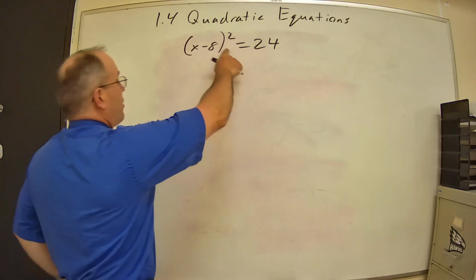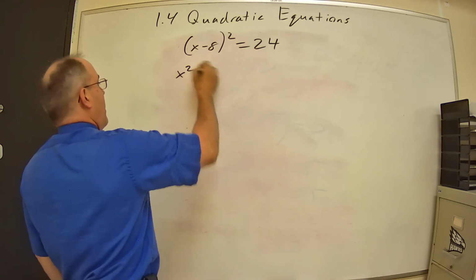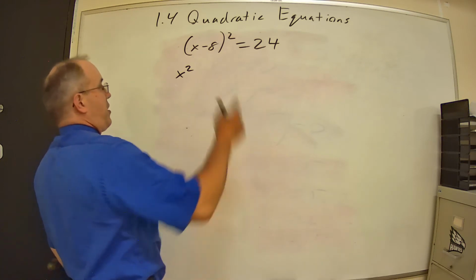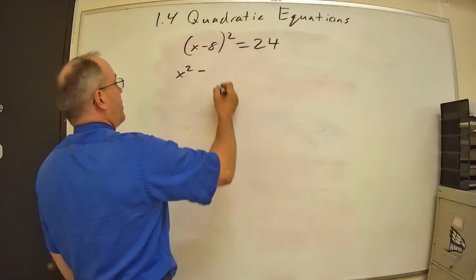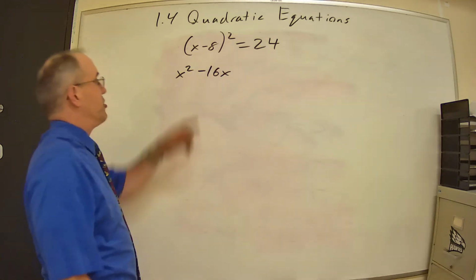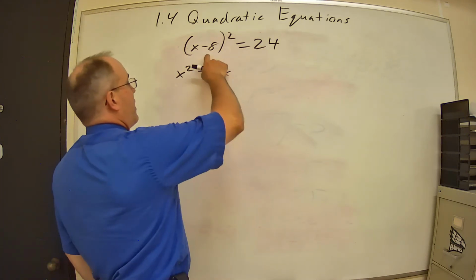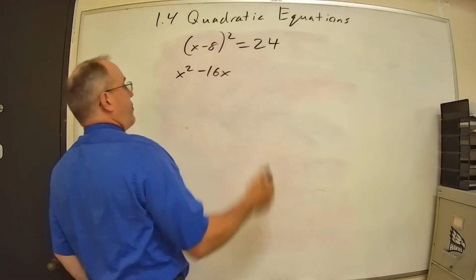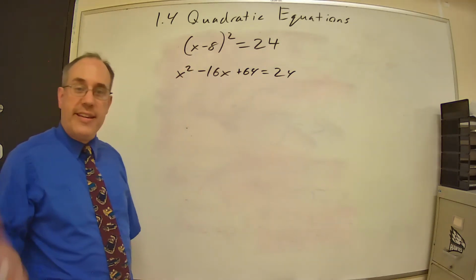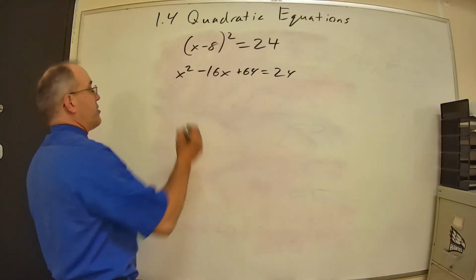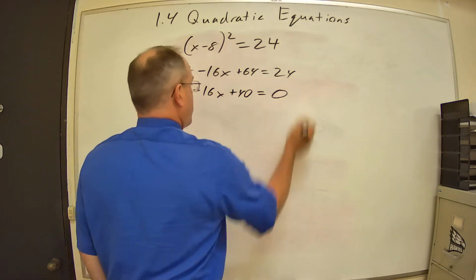It's the square of a difference, which means I can square the first term, remember those special products, x squared, I can do plus 2 times the product of the two terms, so minus 16x, because you have minus 8x, gives you minus 16x, and then plus the square of the second term, negative 8 times negative 8 is plus 64, is equal to 24. Now I can subtract 24 from both sides. X squared minus 16x plus 40 is equal to 0.